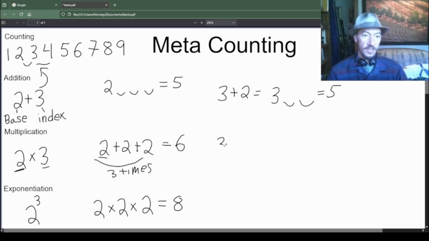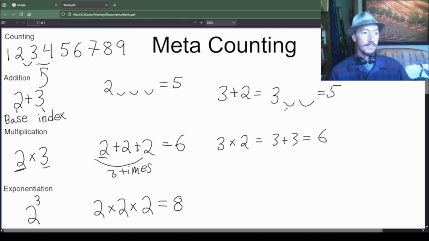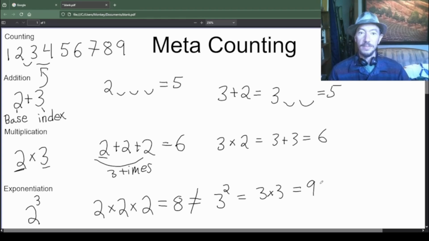If instead of starting with 2, I start with 3 and add it to itself 2 times, well, that's the same thing as adding 2 to itself 3 times. But notice in exponentiation, this no longer works. We had 2 to the 3 to get 8, but 3 to the 2, which is just 3 times itself a total of 2 times, equals 9. So this is the first time that that little pattern actually breaks. Something to be aware of.